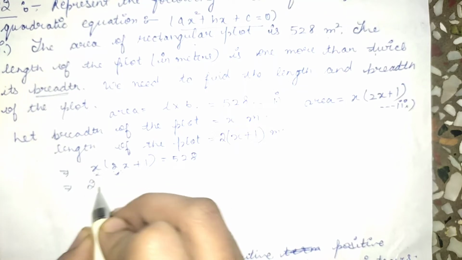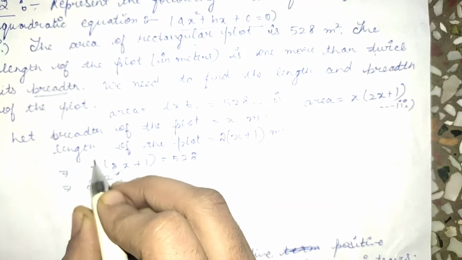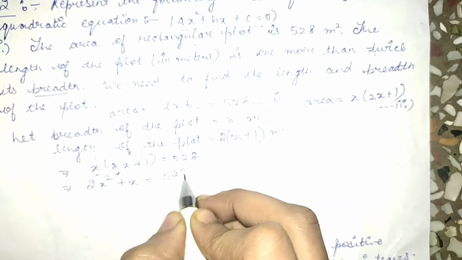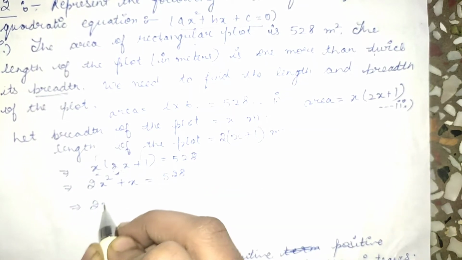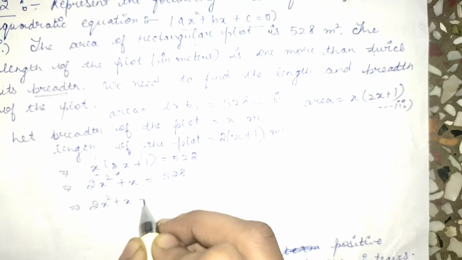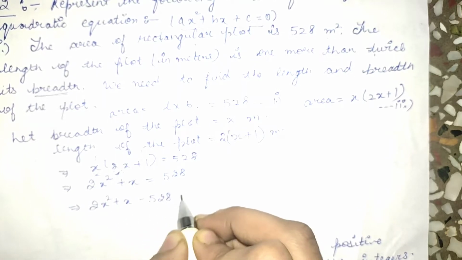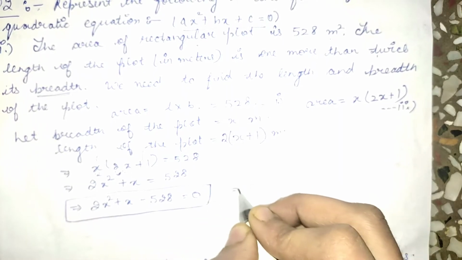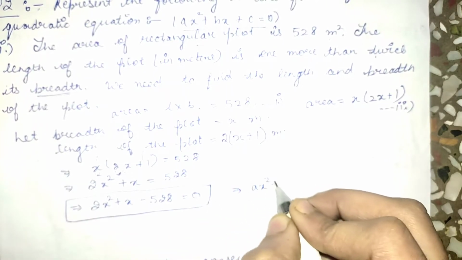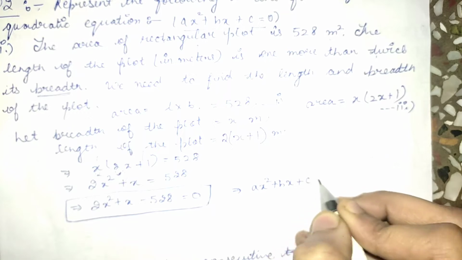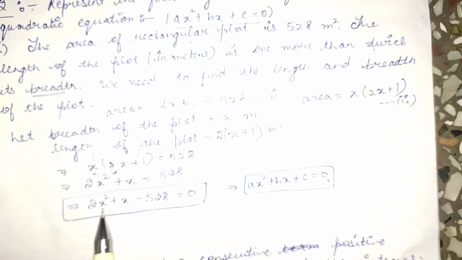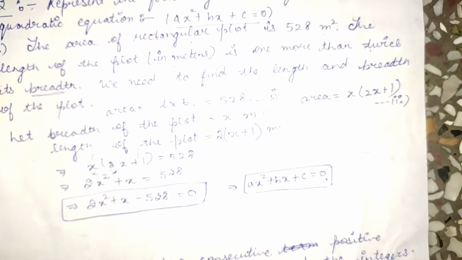So x into 2x will become 2x square. x into 1 will be x, is equal to 528. So if I take 528 this side, then the equation will become 2x square plus x minus 528 is equal to 0. So this is similar to the standard form of the equation, which is ax square plus bx plus c, right? So this becomes our quadratic equation.